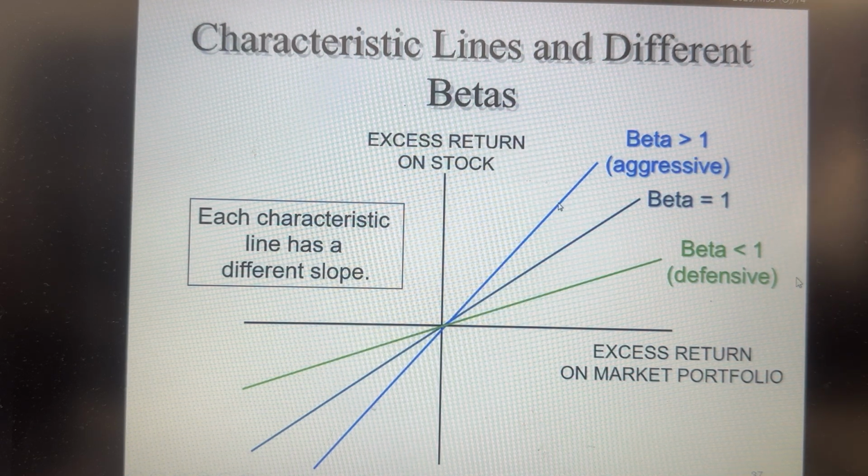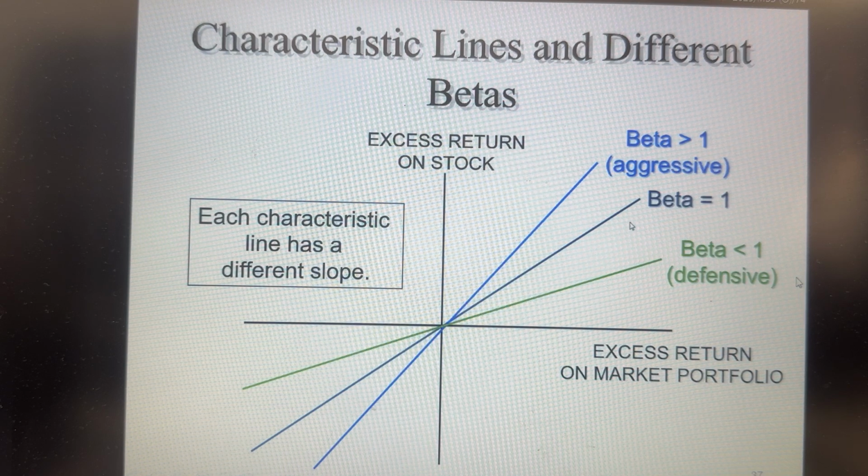So all lines have different slopes. Slope is this part, right? So why do these curves have a different slope? Beta is different. If the beta is 1, the market change and the individual company change are equal. For example, a particular company has a 10% excess return while the market also performed 10%.